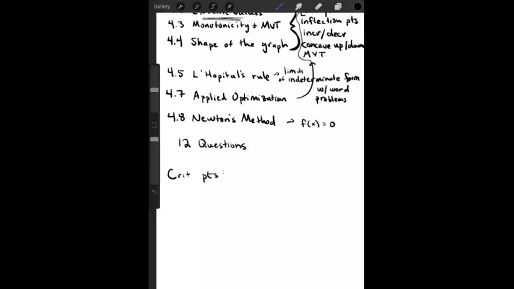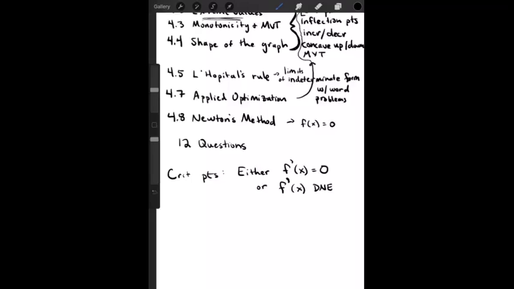That's half the way you find critical points. So also possibly the derivative doesn't exist.